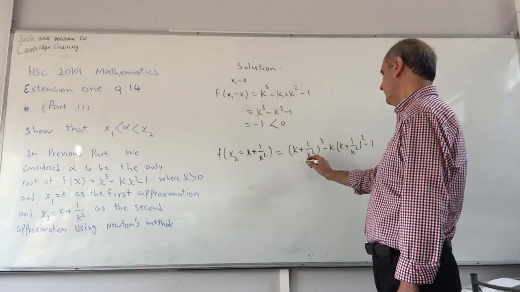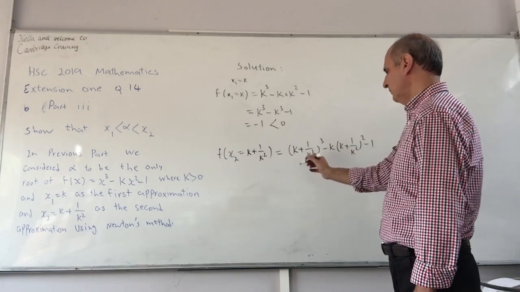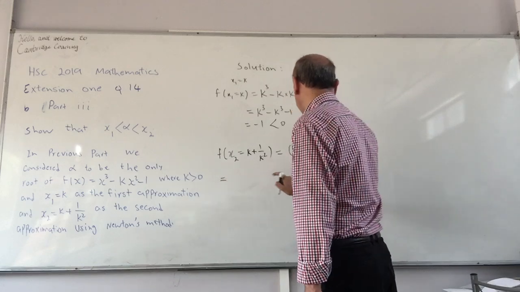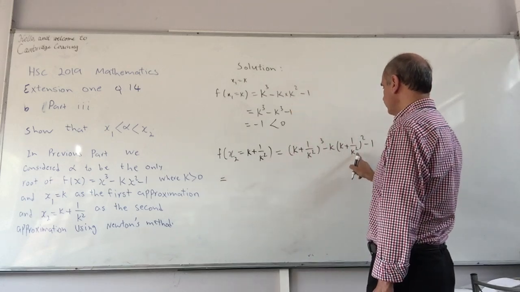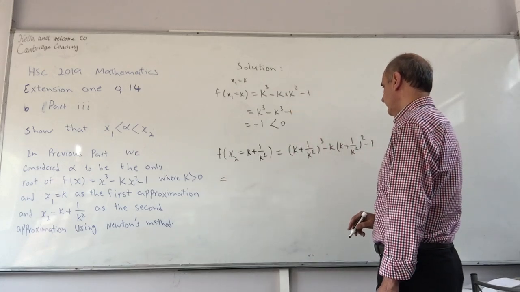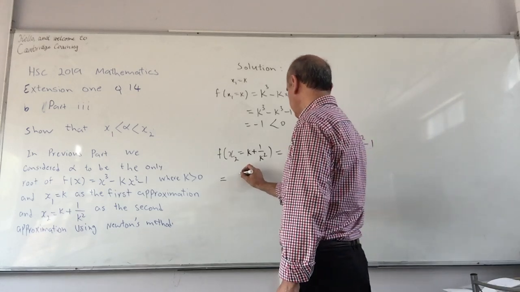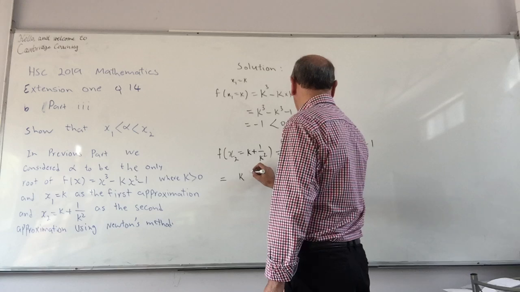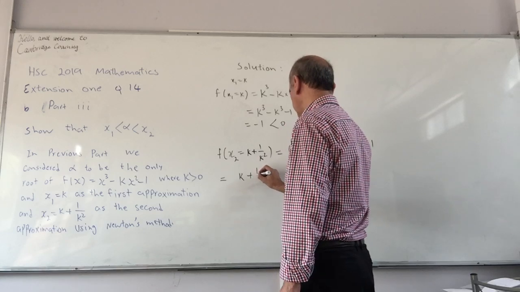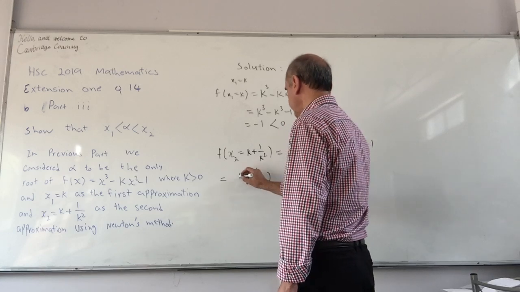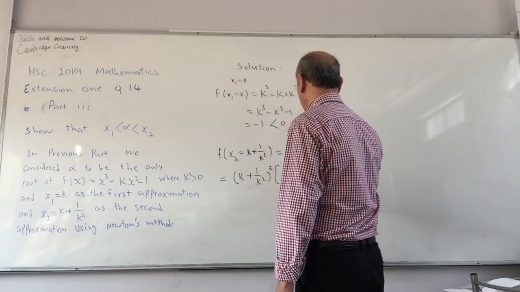To do that, we can expand and simplify, but it's probably a bit quicker if I factorize k plus 1 on k squared, all squared, between this and that. So k plus 1 on k squared to the power of 2.